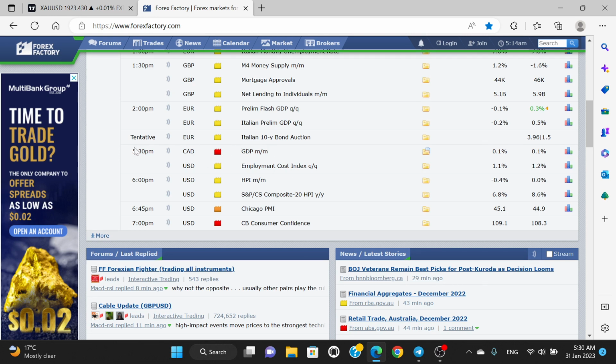So we have to watch the Canadian GDP because it's important. And we have said why it's important: because the Canadian dollar is one of the six currencies that are part of the dollar index.